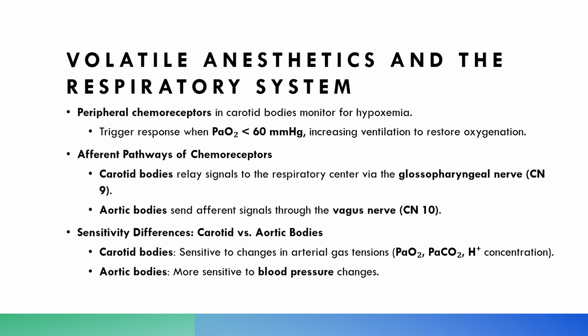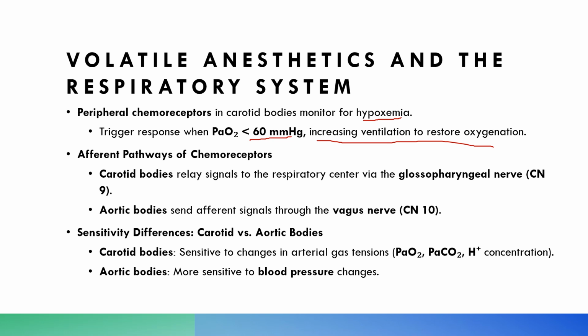So we discussed how volatile anesthetics change our CO2 response, but what about our oxygen response? Peripheral chemoreceptors in our carotid bodies monitor for hypoxemia. All right, they usually trigger a response with our PaO2 of 60, which is equivalent to an O2 saturation of 90%, by increasing ventilation to restore that oxygenation.